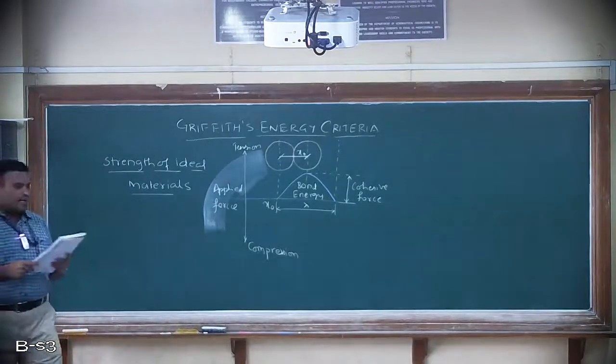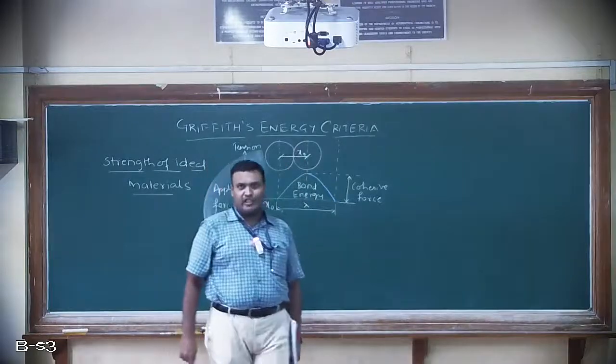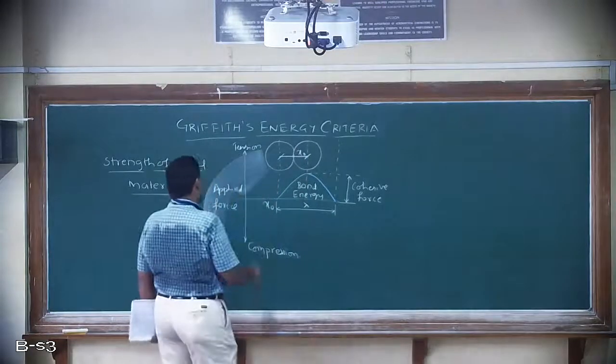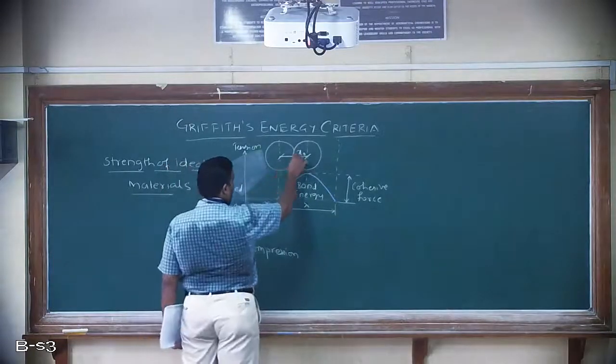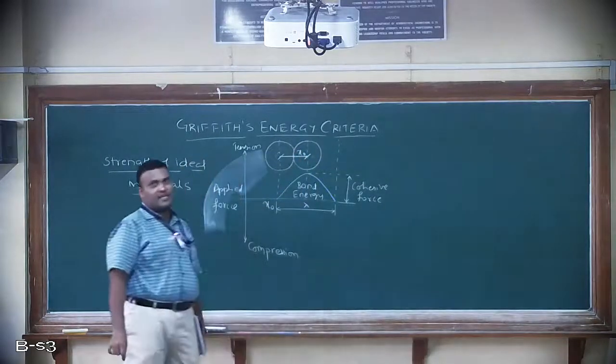In this diagram, there are two atoms of a material joined together, and these atoms have a distance from nucleus to nucleus of x naught.